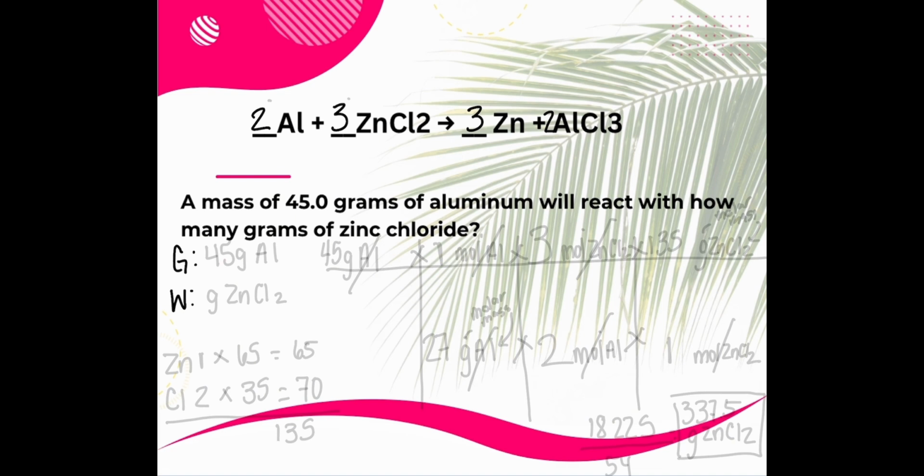So as I read my problem, it says a mass of 45 grams of aluminum will react with how many grams of zinc chloride? So I see that I was given 45 grams of aluminum. And then I see that I want grams of zinc chloride. All right.